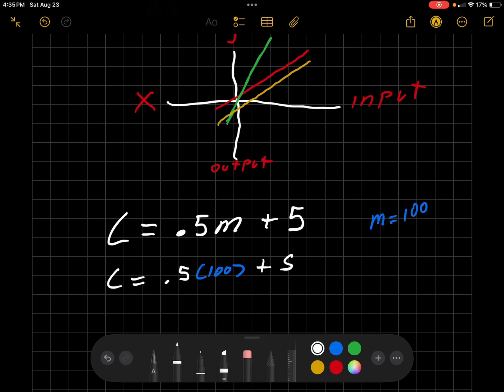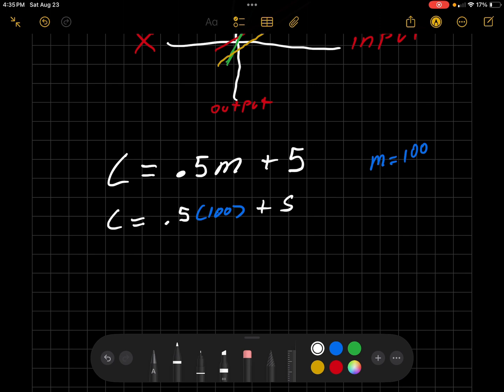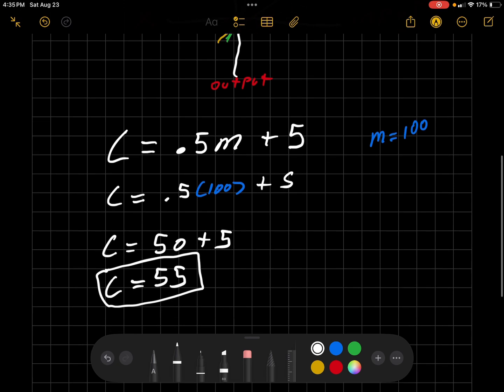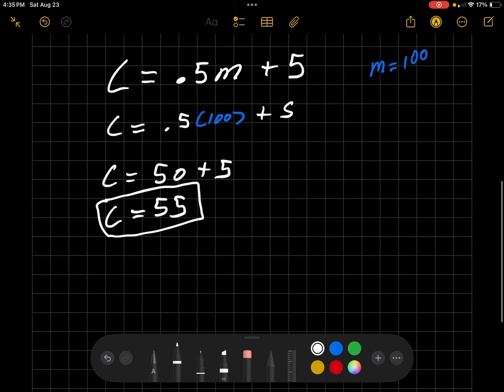So we're just solving for C. So C, 0.5 times 100 is going to be 50 plus 5. So we find out here that if we drive 100 miles, we're going to pay $55 in total.